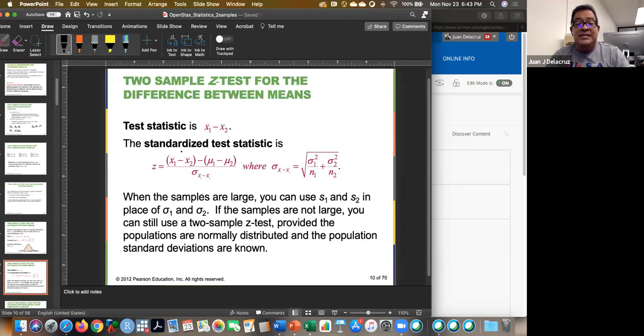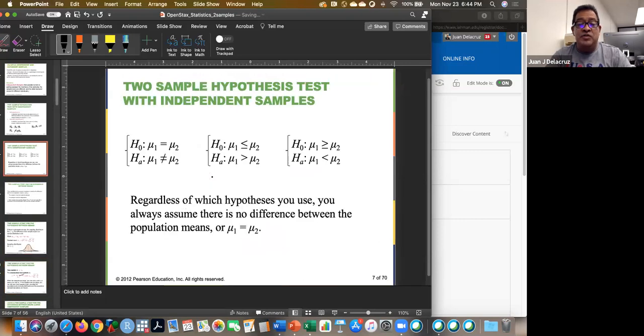This difference is going to be subtracted from the difference in the two different parameters. But in this case, the parameters' difference is going to be 0. So all we have to do is to solve this and solve the standard error. It's going to be very simple, as you can see. Once we have the hypothesis, we assume that this hypothesized difference is 0, or there is no difference.